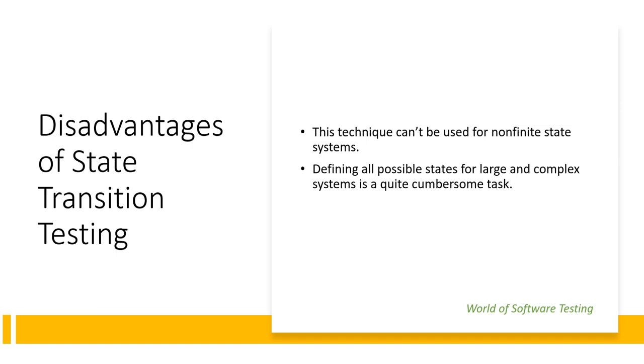Let's see some of the disadvantages of the state transition testing technique. First, this technique can't be used for non-finite state systems, because if the system has a lot of states, then it's very difficult to use this technique. Second, defining all possible states for large and complex systems is quite a cumbersome task, as we have mentioned.